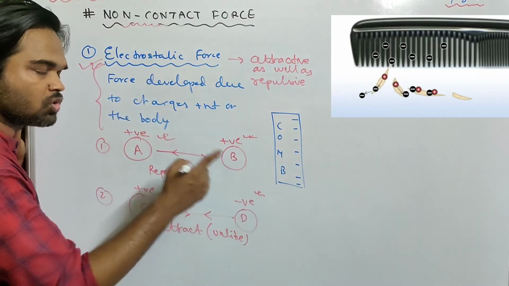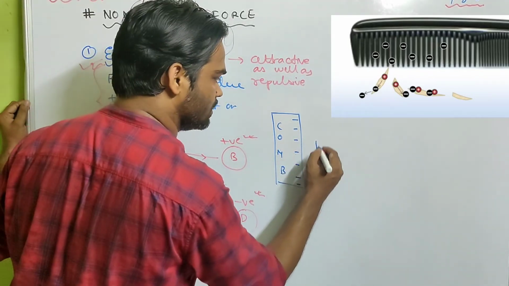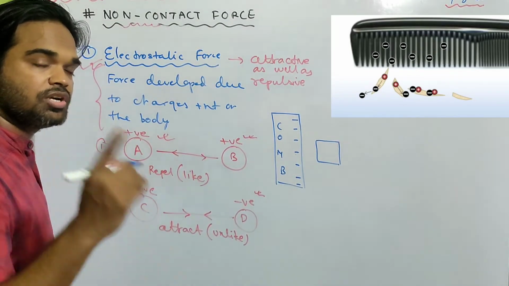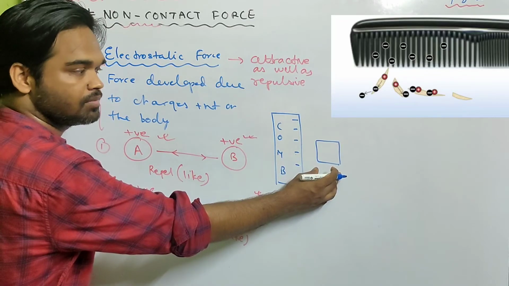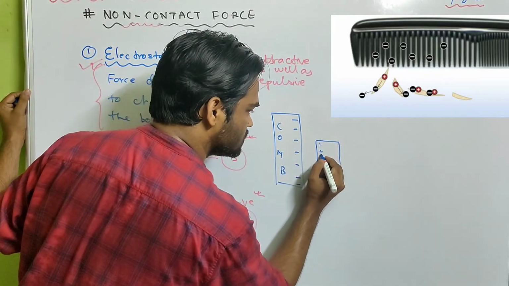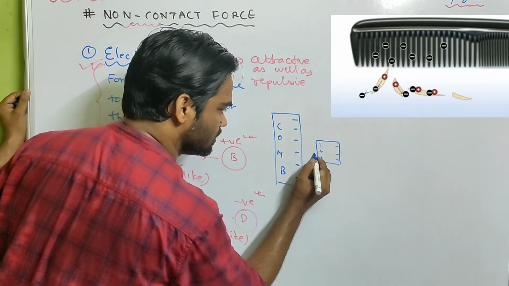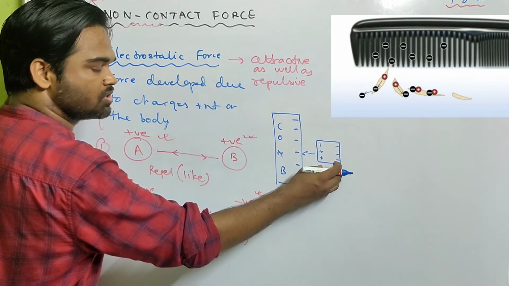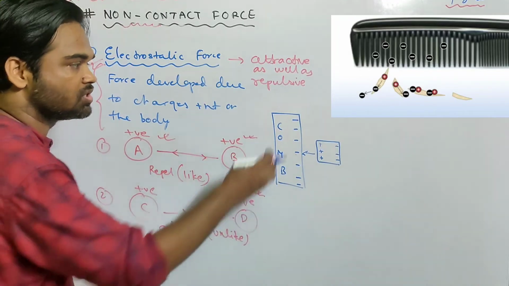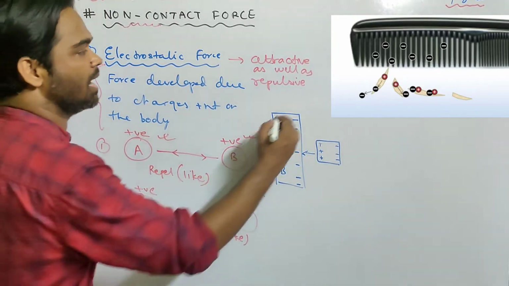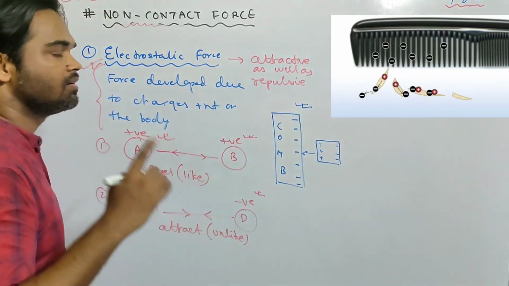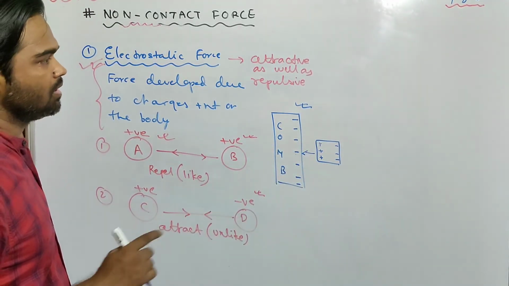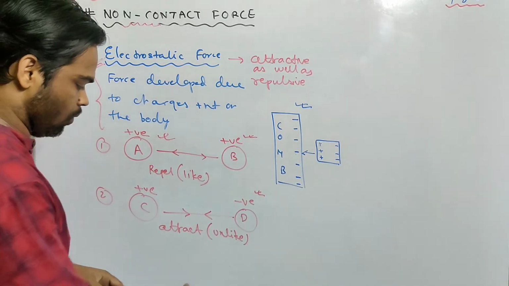Then when you bring this comb near bits of paper, the opposite charge is induced in the bits of paper, and this causes attraction. So the bits of paper get attracted towards the comb. That's an example of electrostatic force. Over here it was attractive in nature. Done.